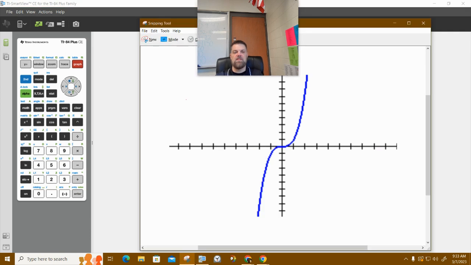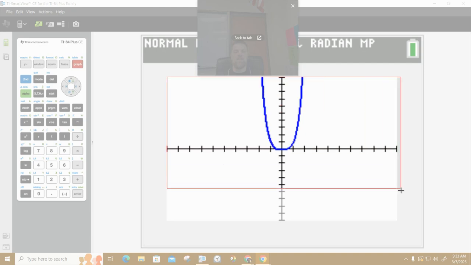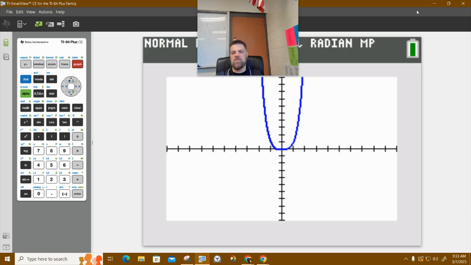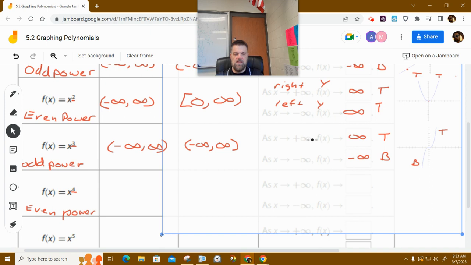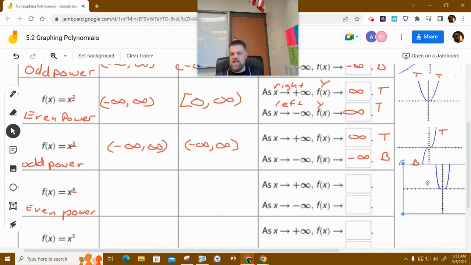What does that look like? Yeah, it kind of looks like x squared. It's a little different. That pattern will emerge too. So let's just paste it in here and see what we get. So it looks a lot like x squared, but it seems to be kind of flattened out a little, doesn't it?